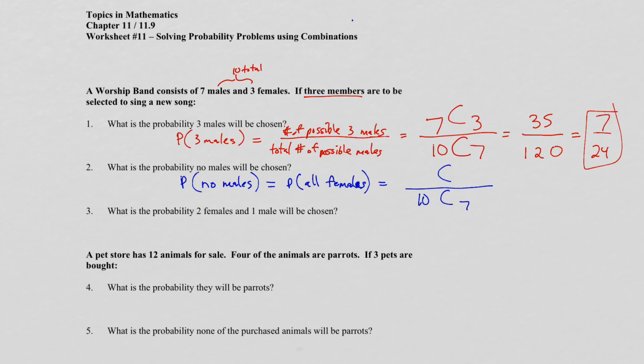If you choose all 3 females from 3 females, it kind of looks like this, right? 3 females from 3 females. Isn't that the same thing as just 1? Because the order doesn't matter which way you choose the female. So if you type this in your calculator, you're going to get 1. And the other part is the same as the top, which is 120.